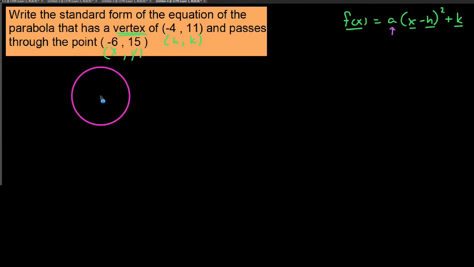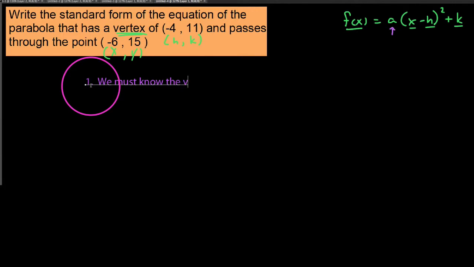So maybe we'll make a note here. To find the equation in standard form for a quadratic function, one, we must know the vertex values and at least one point x, y on the graph. And we say vertex values since it's plural, we need to know h comma k.